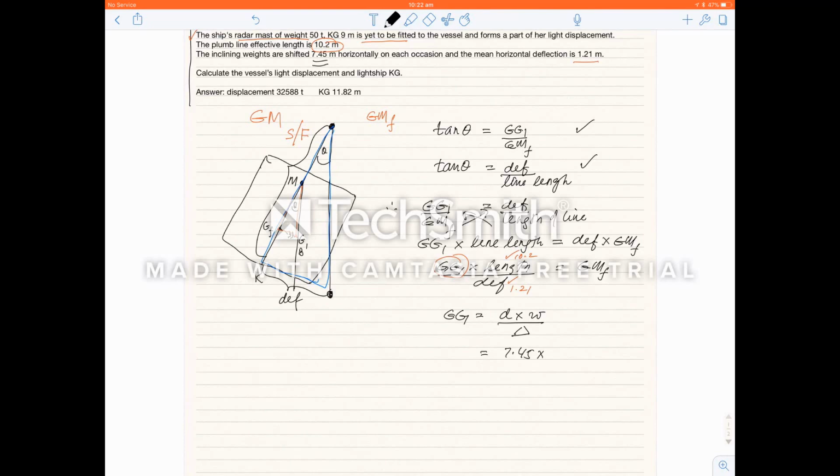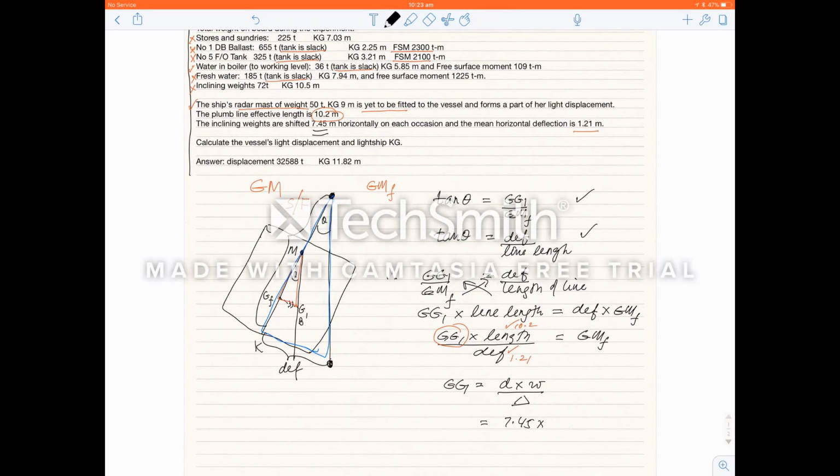W is the weight that was moved, that's 72 tons, divided by, at the time of inclination, the displacement, which was 34,000.